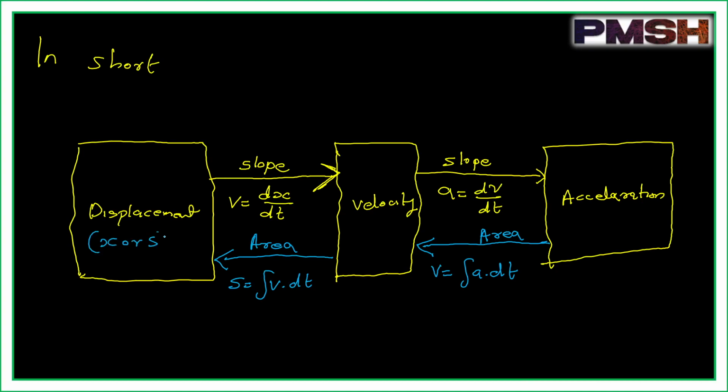For velocity it is V. For acceleration it is A. Clear? So this is how we find different graphs and different values, that is velocity, acceleration, displacement, etc., from other physical quantities given.